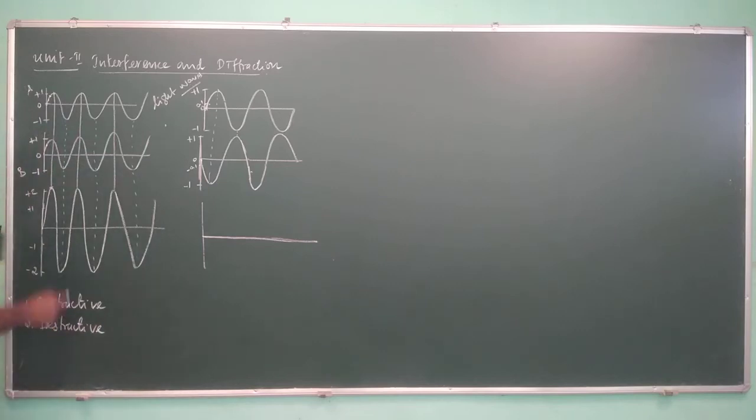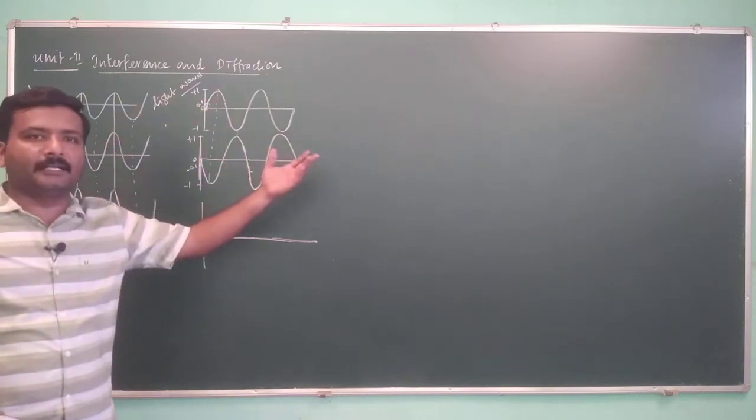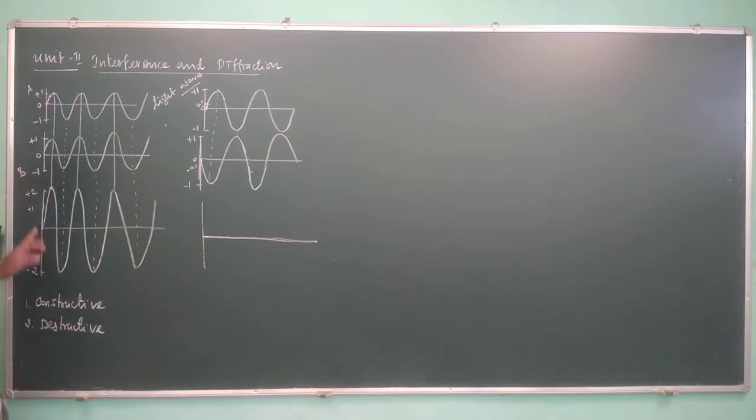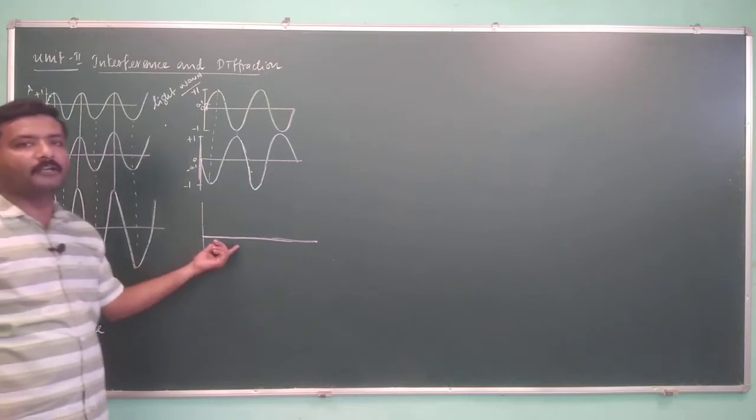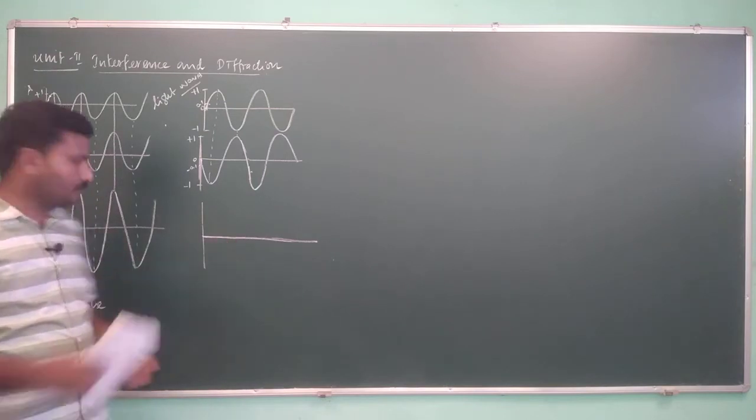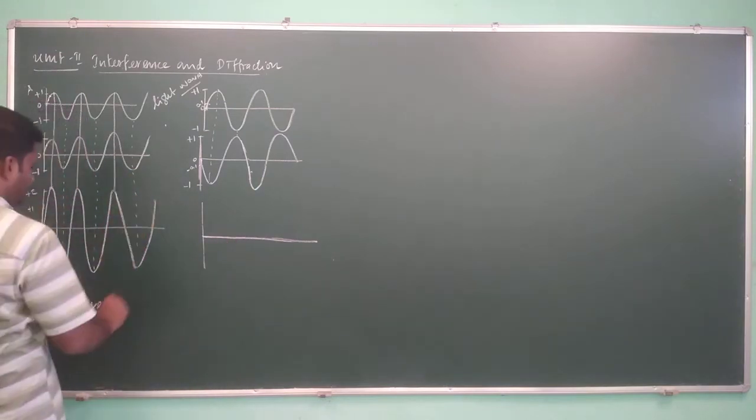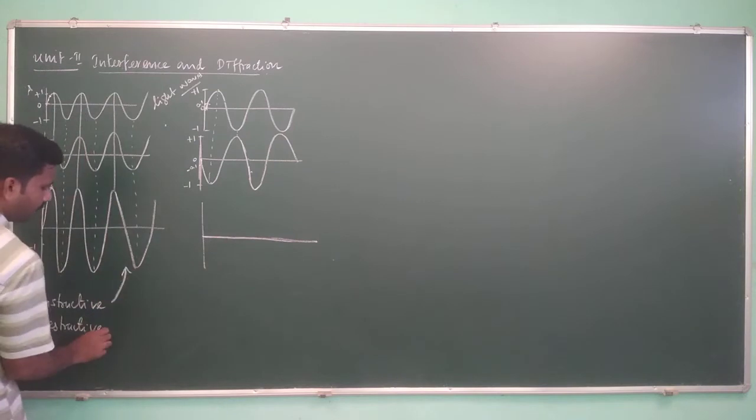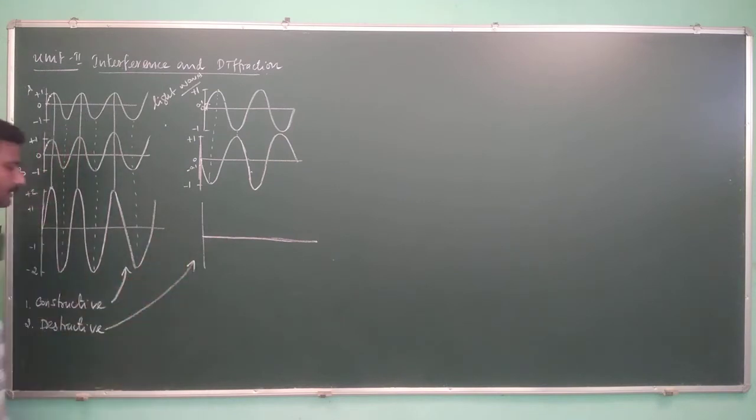Constructive interference means if you add the two interacting waves, the amplitude is the addition of the two waves, which is higher than the interacting waves. See, constructive interference creates a maximum value in the resultant wave, whereas destructive interference creates a zero, null value in the resulting wave, right? So this example is for constructive interference and this is the example for destructive interference.